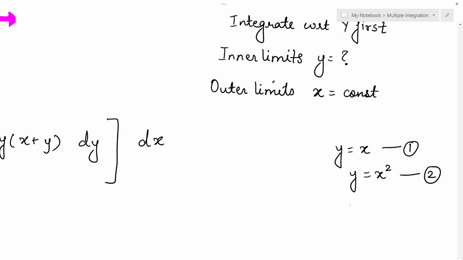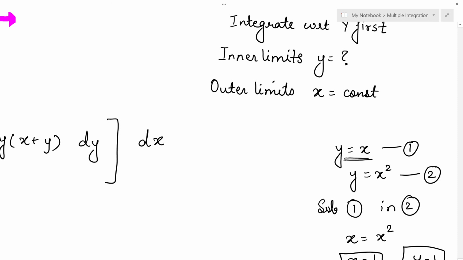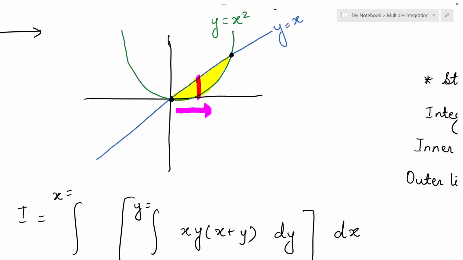Okay, so if I substitute equation 1 and 2, what I am getting, x is equal to x square. The value of x clearly is 1. If the value of x is 1, and you know y is equal to x, that means the value of y is also 1. Okay, that means this is 1 comma 1 and this is obviously origin 0 0. Okay, so I found out the points of intersection.